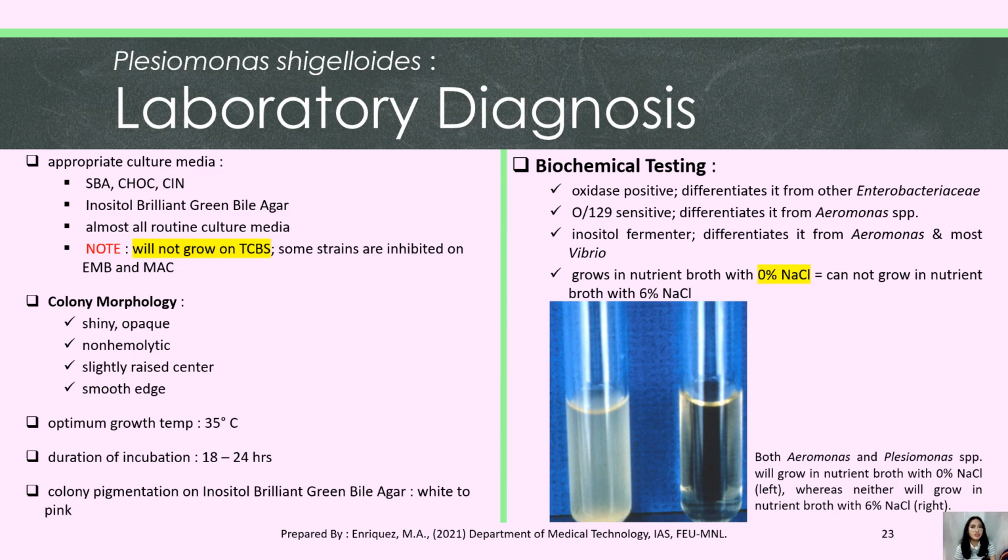So Plesiomonas, to be honest, its classification seemed very confusing for quite some time. So serologically, it could cross-agglutinate with Shigella species. And then biochemically, parehas naman po silang oxidase positive ng Plesiomonas and Aeromonas. Pero hindi sila parehas na susceptible to the vibriostatic agent. But then, further studies showed that it's actually more closely related to Enterobacteriaceae, which is like, boy, pick a side.